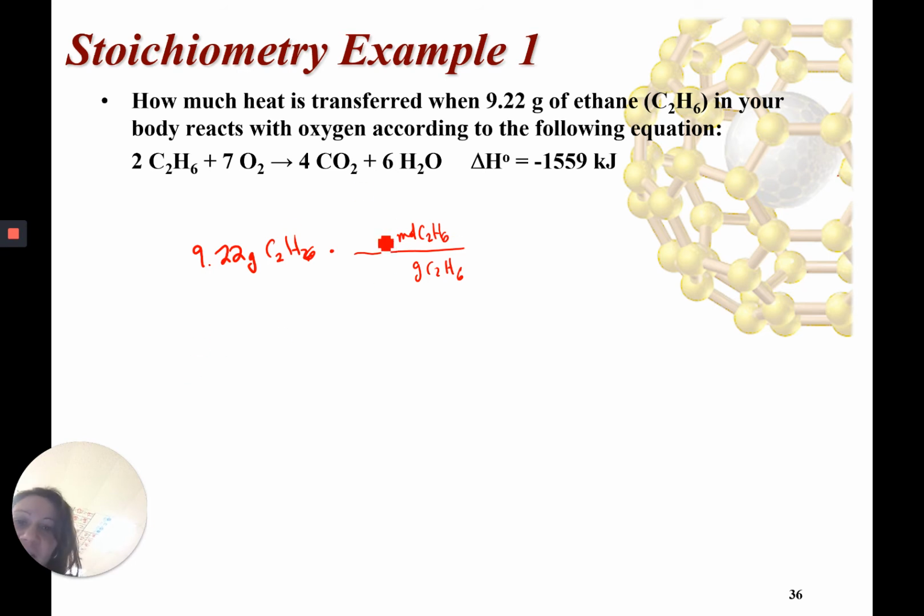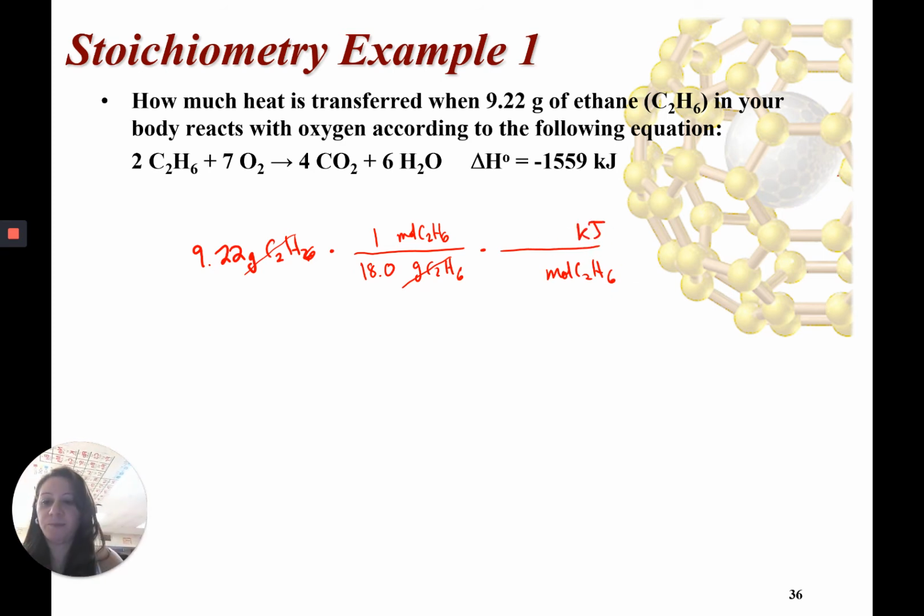And the molar mass of ethane is 18 grams per mole. So that gets us 2 moles, but we're looking for joules or kilojoules. We're looking for heat transferred. So we want to get rid of the moles, so we're going to put it here, and we're looking for kilojoules, so we'll put it up here.